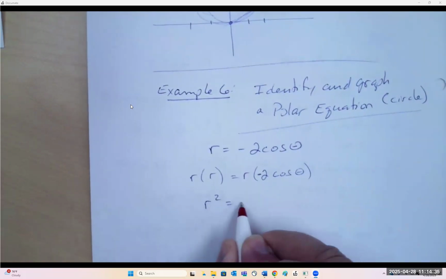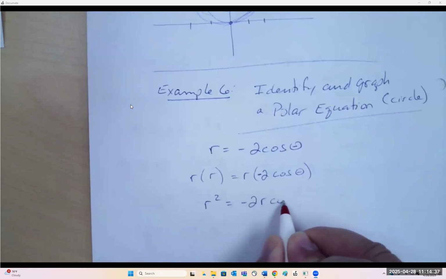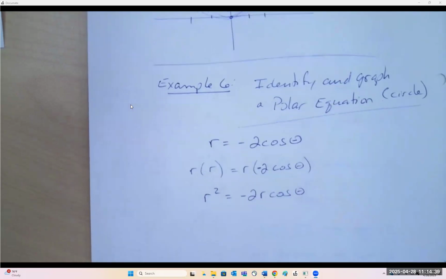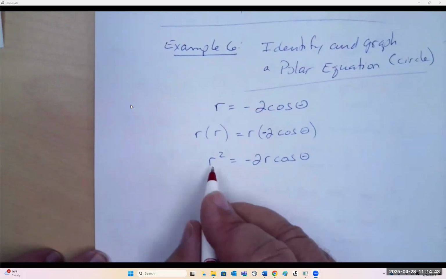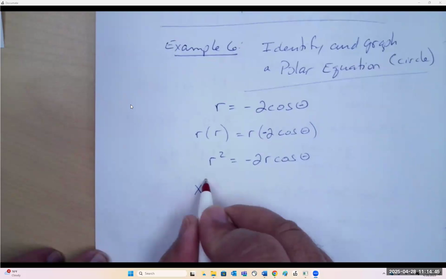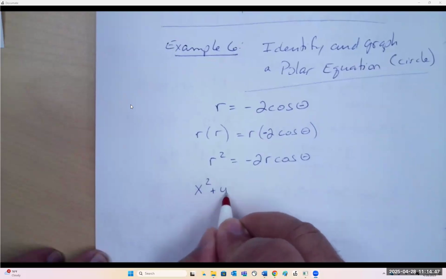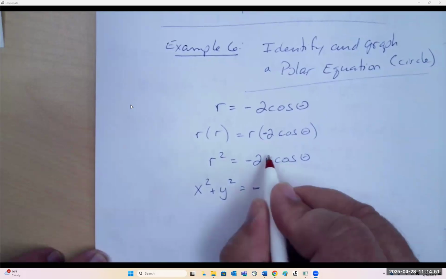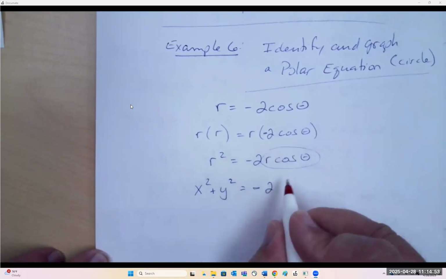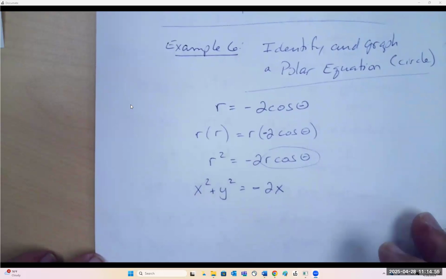r squared is -2r cosine theta. r squared is x squared plus y squared. Since this is the cosine, it deals with the x component.